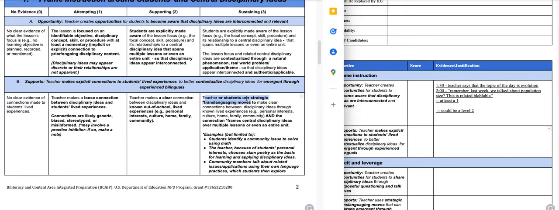So we're using translanguaging moves to make clear connections between disciplinary ideas and known lived experiences, and that connection frames central disciplinary ideas over multiple lessons or even an entire unit.